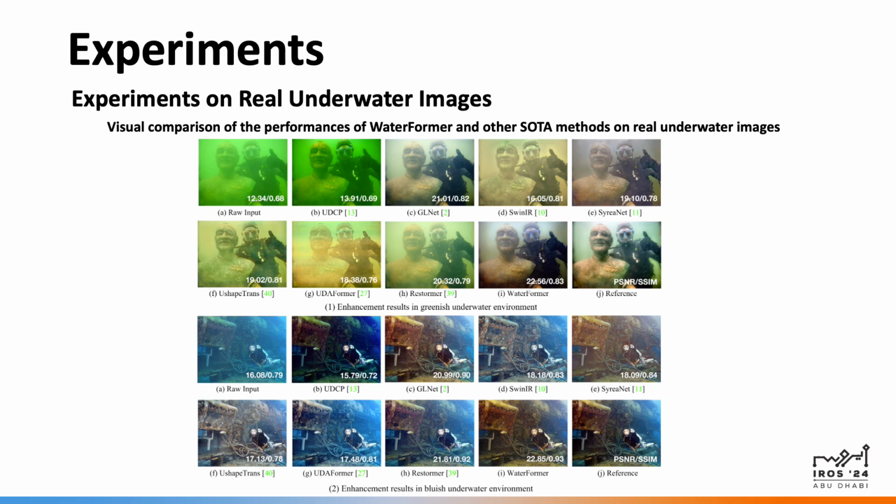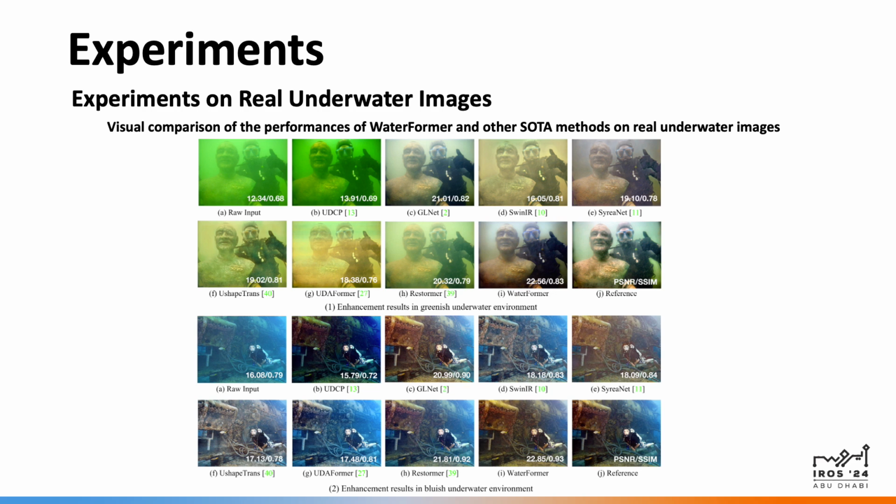This figure illustrates visual comparisons in greenish and bluish underwater conditions. Real underwater images pose greater challenges than synthetic ones due to their complex environments. In these scenarios, UDCP inadequately addresses the color variations, often leading to darker tones.